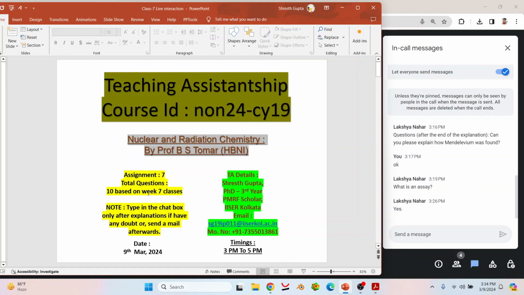Also, I have another doubt. It is related to the isotope dilution analysis. In general chemistry, like we were taught in high school up to 12th grade, there is a law of dilution.